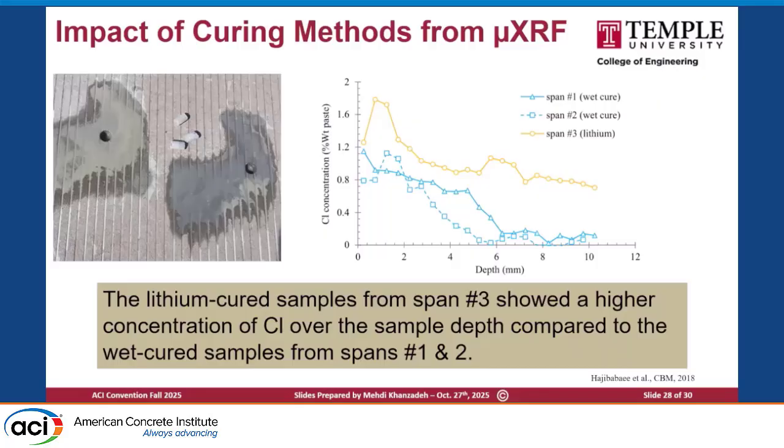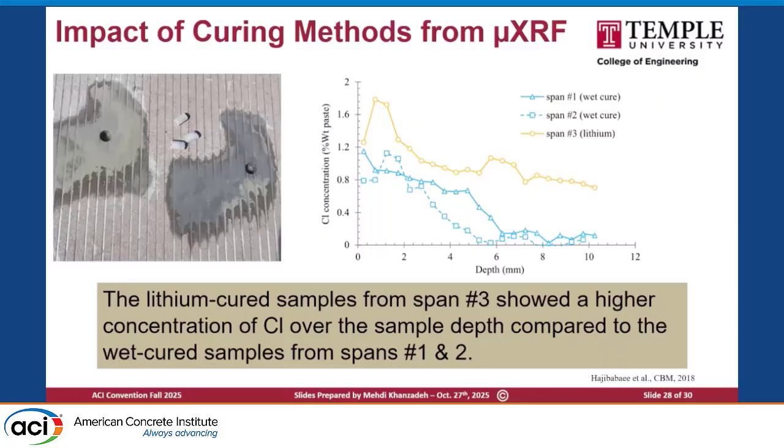Two spans of the bridge deck were wet cured, and one span was lithium cured. Basically, they used the lithium silicate curing compound. So we brought those samples to the lab. We ponded with the chloride solution, and after a certain period, we tested them. The blue one is the wet curing. The orangish color is the lithium silicate. So that was our observation.